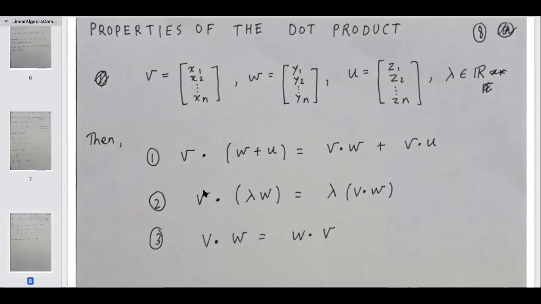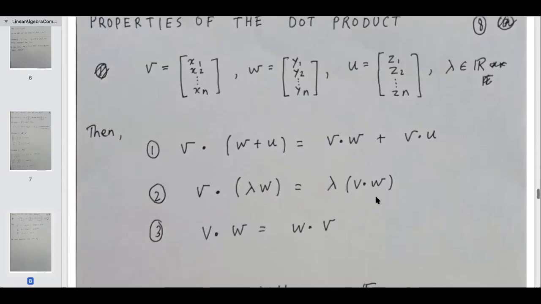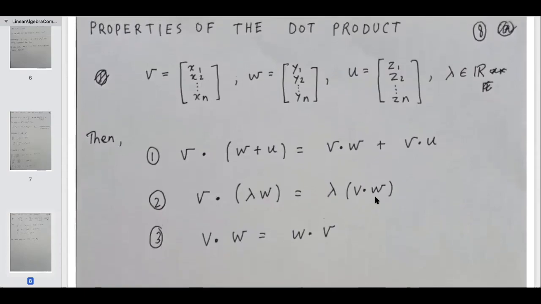Second, v dot lambda w is equal to lambda times v dot w, where the first scaling is happening with a real number and a vector, and the last is just lambda, a real number, times v dot w, which is also a real number. So this is real number multiplication. And the third property is v dot w is equal to w dot v.